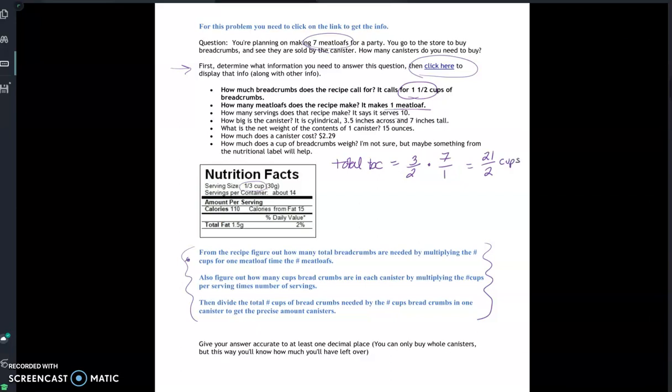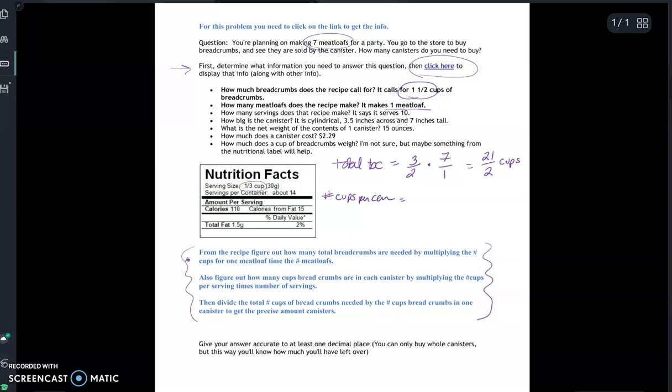cups, or 10.5. Also figure out how many cups of breadcrumbs are in each canister by multiplying the number of cups per serving times the number of servings. So we're going to figure out the number of cups per canister.